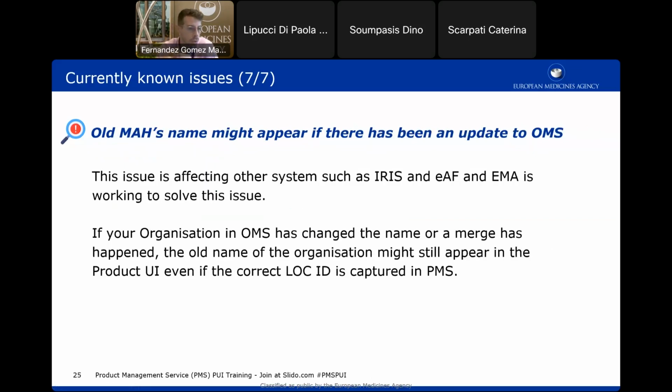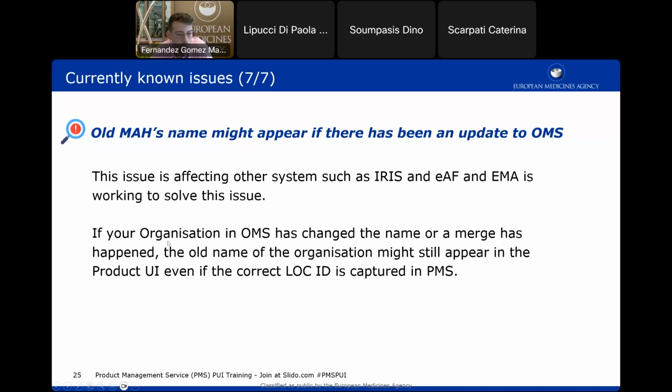And last but not least, we have an issue on how we, and it's not only us, it's a lot of consuming systems, use the data from OMS. So if you have made a change to a name or a merge has happened to your organization in OMS, even if we capture the correct log ID in PMS, the old name of the organization might still appear in the product UI, in the EAF, and in other systems.